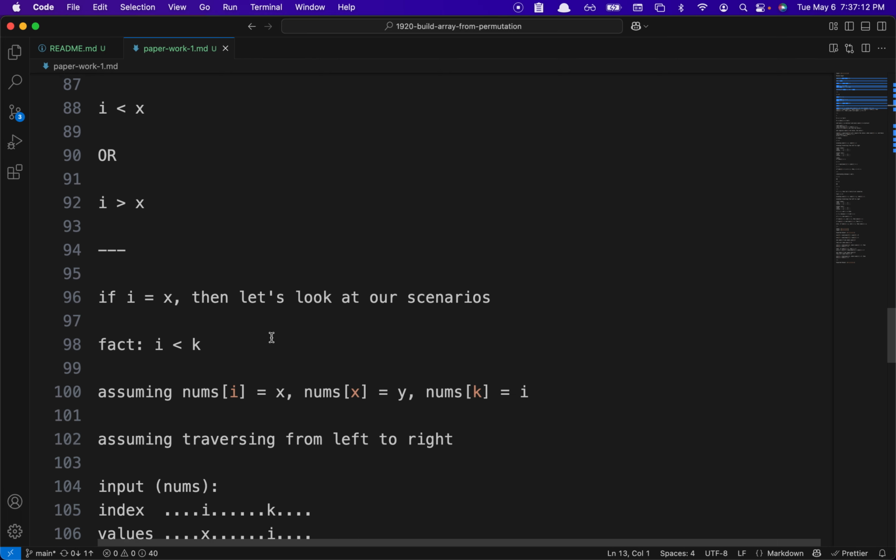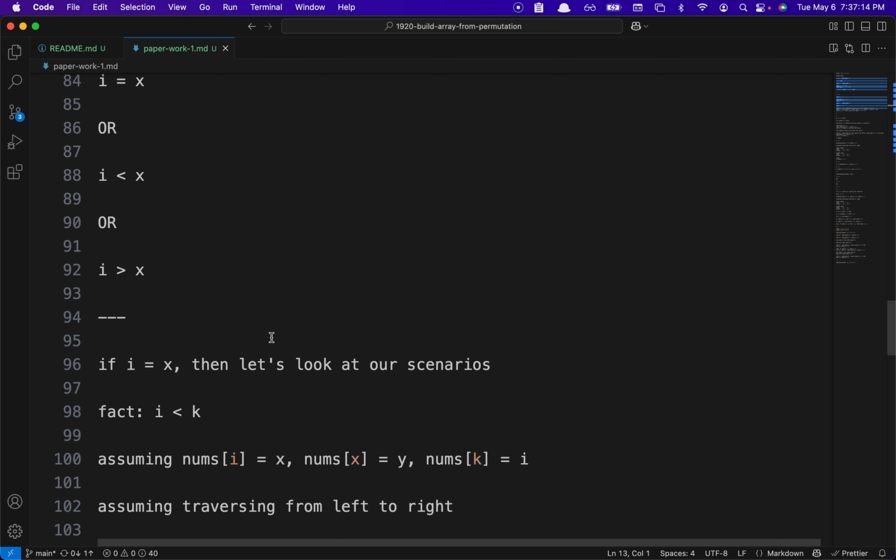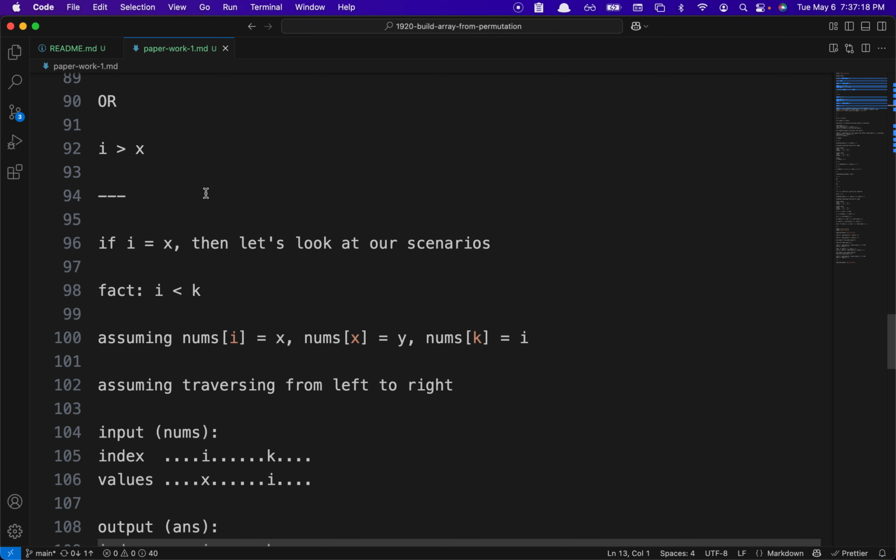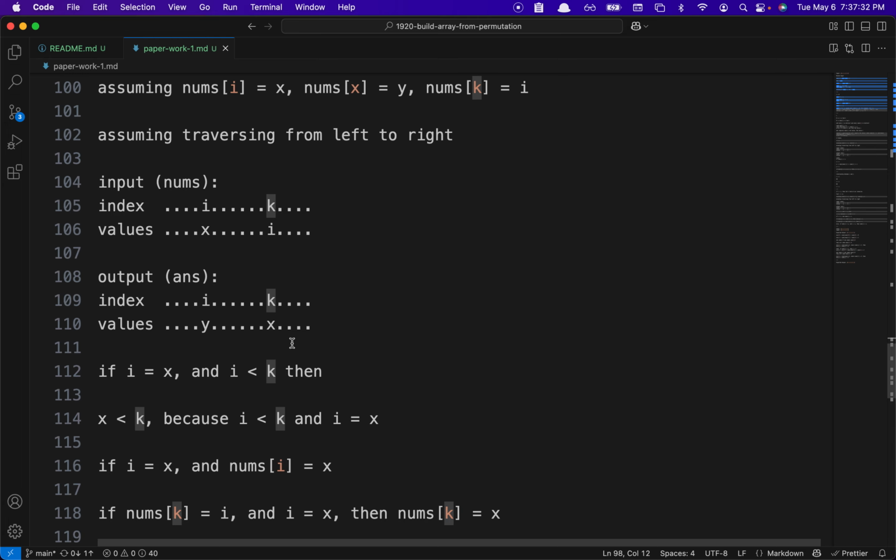So it's I equal to x, which means the index and the value are the same. Then there is some k which is greater. Then you say x is less than k, you can say that, where I is less than k and x is less than k, right? Because I and x are equal.